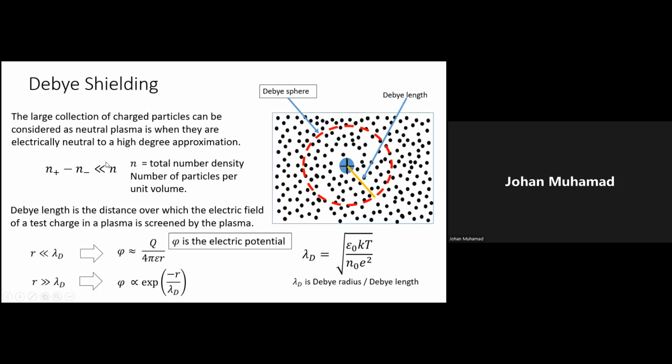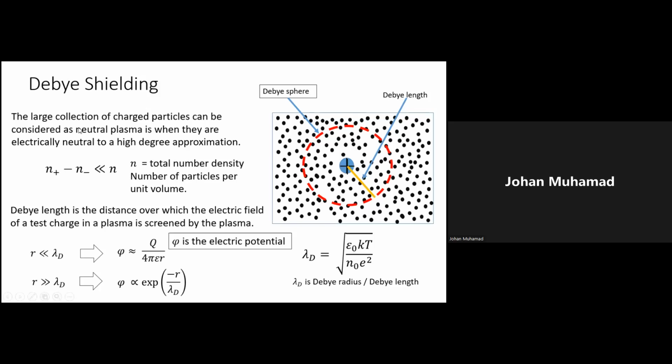So why the Debye sphere and Debye length are very important is because in order to use magnetohydrodynamics, we have to make sure that the plasma is neutral, because the ionized gas is not always neutral. Sometimes if there's only very little ionization, then most of the gas may still not be ionized and it's still not in a neutral condition.